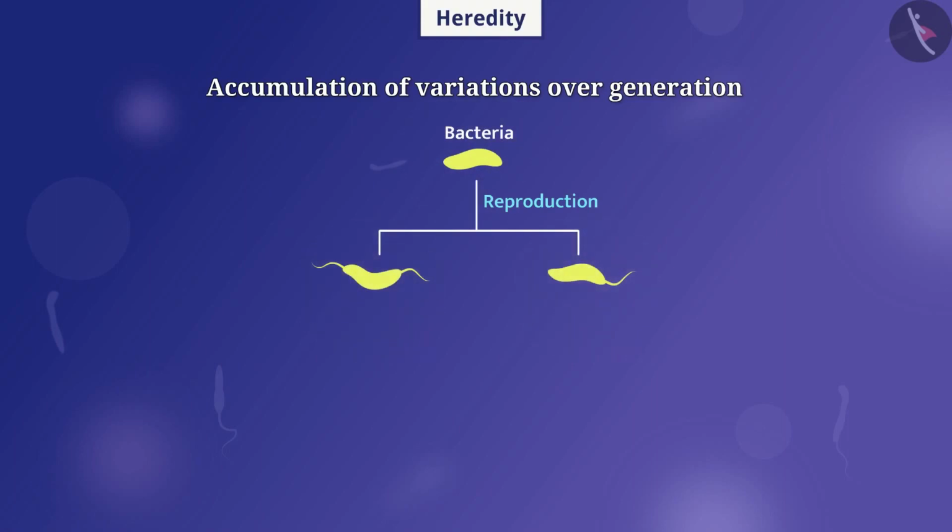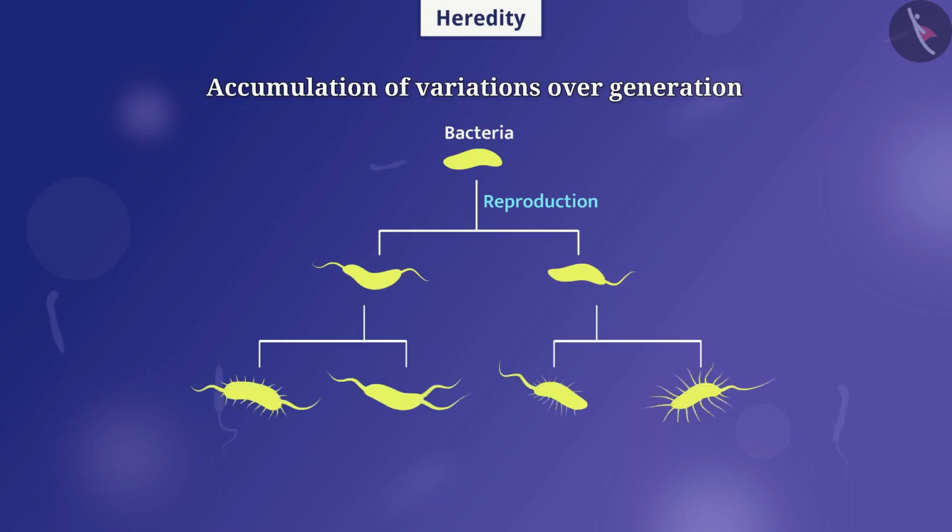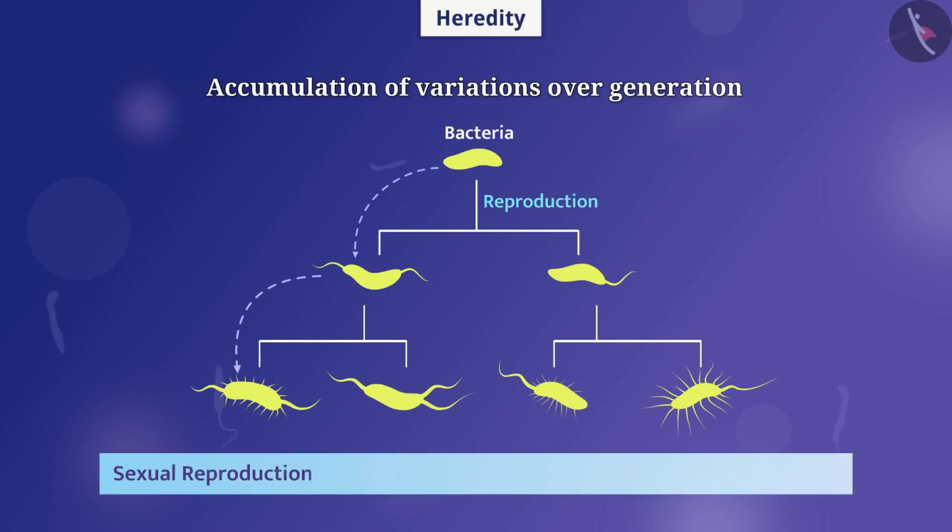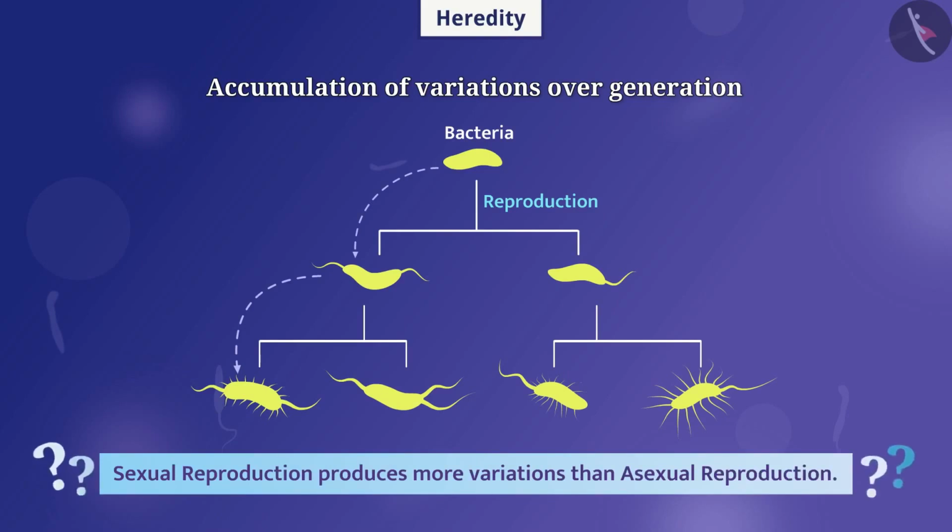Each individual, in turn, produces two more individuals similar in characteristics to that of parent, but have individual differences also. In the same way, there is inheritance of traits and variations from generation to generation. Sexual reproduction produces more variations than asexual reproduction. Try to find its reason on your own.